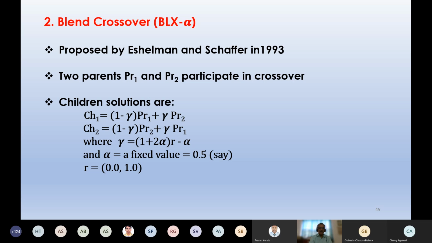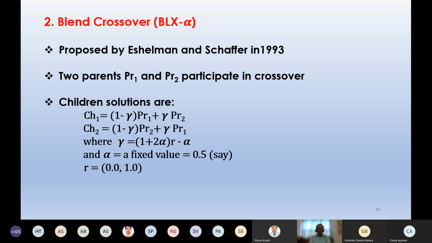Then I have another random variable, R. R is a random number lying between 0 and 1, generated using a random number generator. If I know the value of alpha and the random value of R, very easily I can find gamma. And if I know gamma, then using PR1 and PR2, I can find child 1 and child 2.